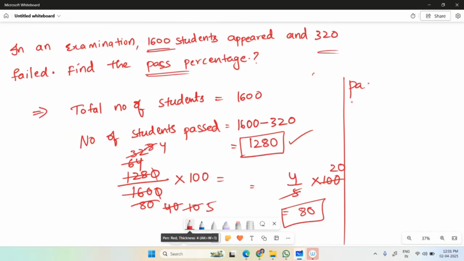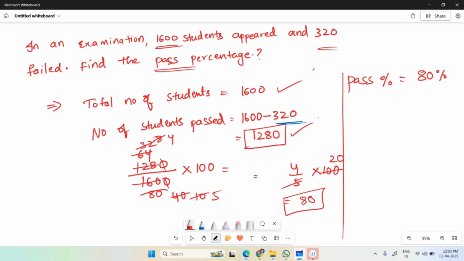Understand the question? Pass percentage is 80 percent. Here what did we do? We know that the total number of students is 1600 and failed students are 320. If we take away failed students from the total students, we get the passed students. So 1280 students passed out of 1600 students. But we want pass percentage.